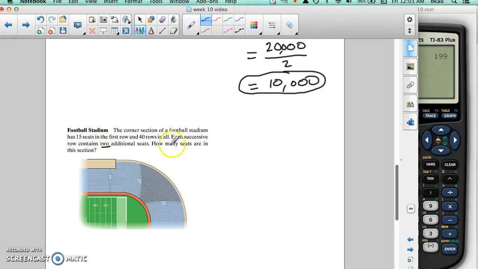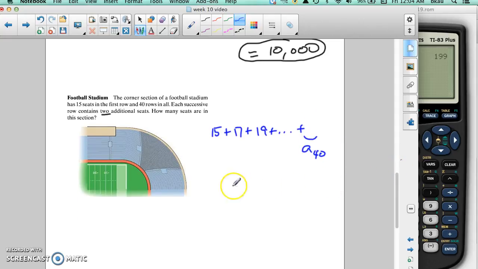So our sum is 15 plus 17 plus 19 plus, up to our last term, a sub 40. We need to find that last term. We know the difference is 2, and a sub 1 equals 15.